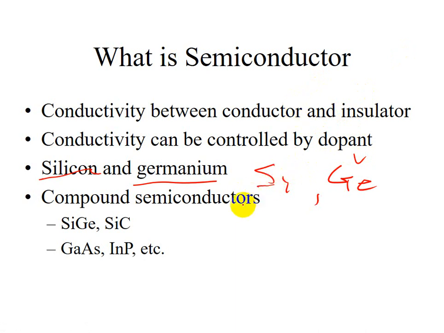There's another kind of semiconductor material called compound semiconductor, something like silicon germanium, silicon carbide, gallium arsenide, indium phosphide. And these compound semiconductors normally have a special application.